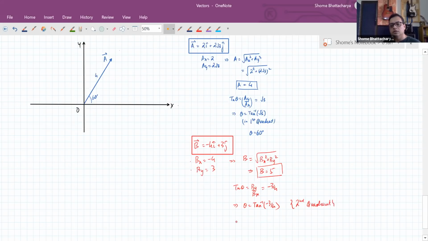So we know that theta here will become 180 degrees minus 37, so it will become 143 degrees. This is the angle it makes with the x-axis. So vector B looks something like this now.